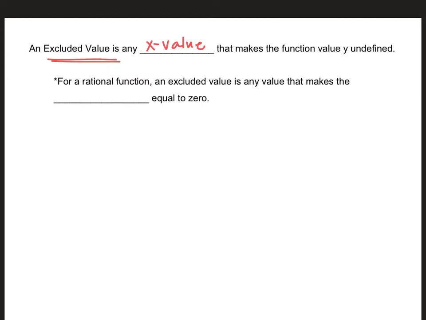If you think about dividing polynomials, you just have to make sure that you're never dividing by 0. So what x value would make the denominator equal to 0? That will be a value we have to exclude from our domain. X just can't be this number. So for a rational function, an excluded value is any value that makes the denominator equal to 0.